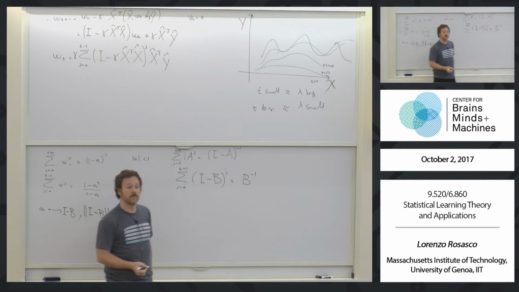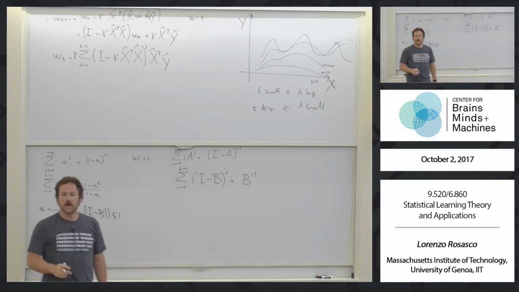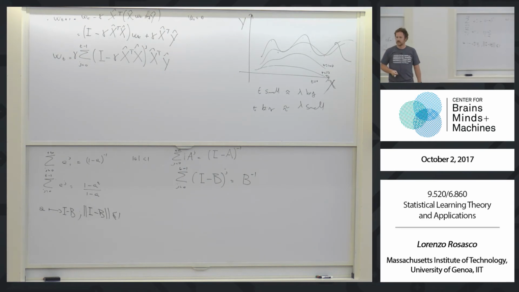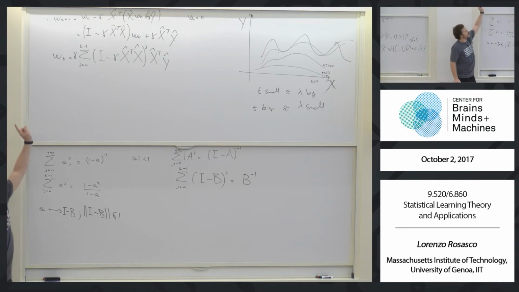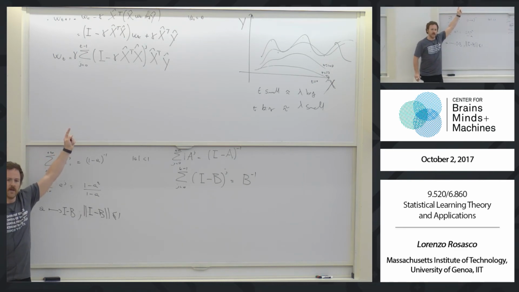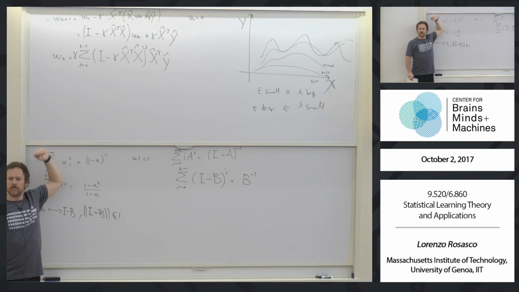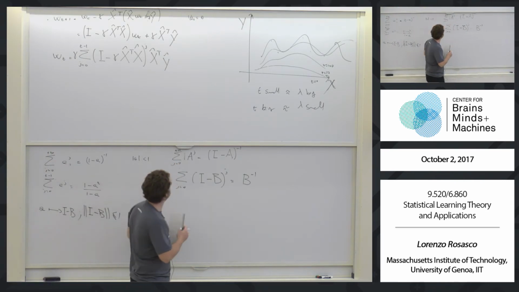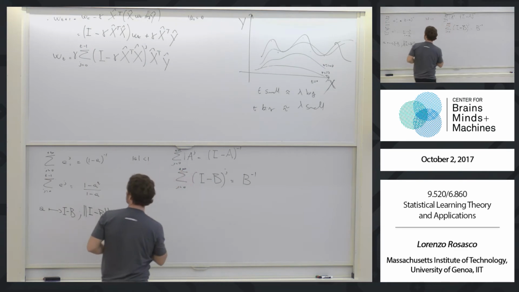B to the minus 1, assuming you can get the inverse. That's not the main point. I could use the pseudo inverse, the Moore-Penrose inverse, but the cool thing is the idea that you're considering a truncated power expansion.